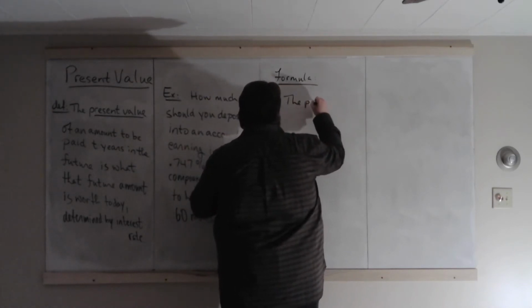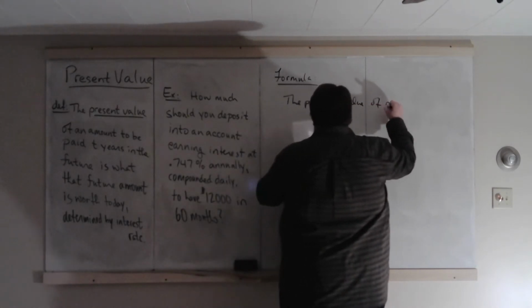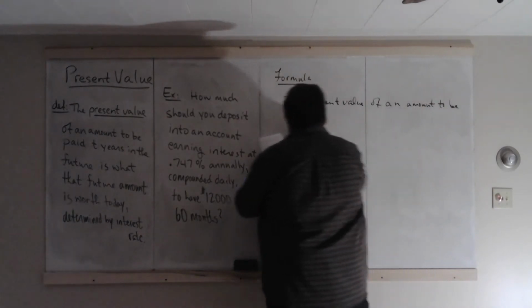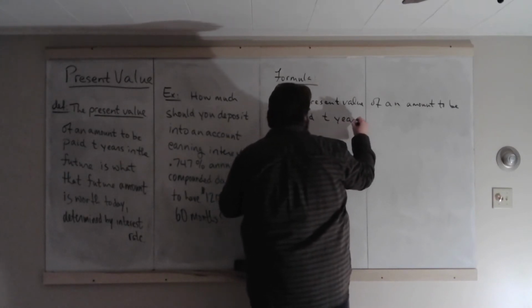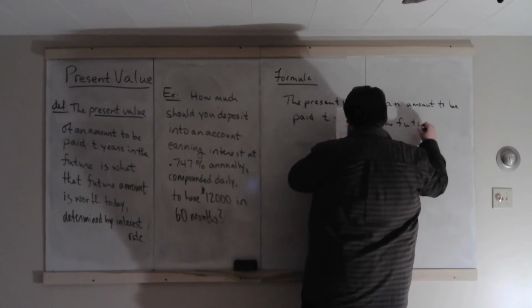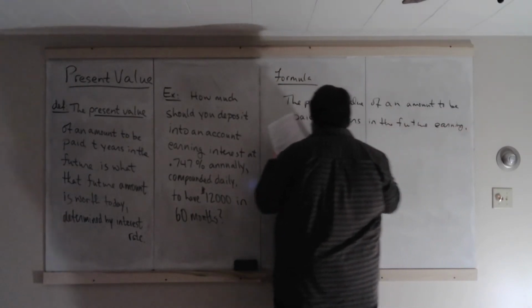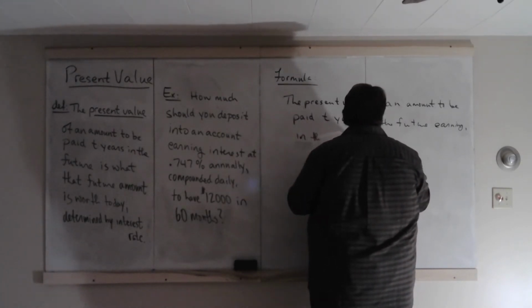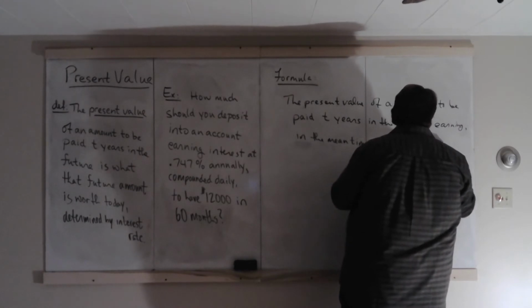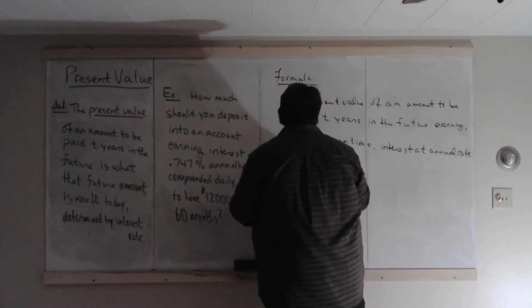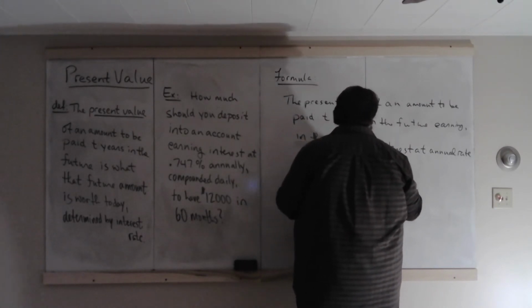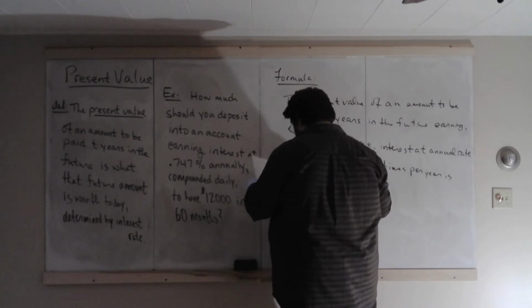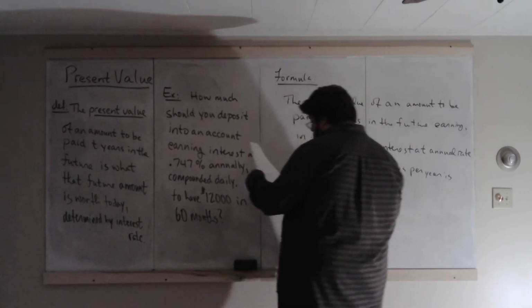The present value of an amount to be paid t years in the future, earning in the meantime interest at annual rate R compounded m times per year, is P equals A. Oh, I didn't define A, did I?